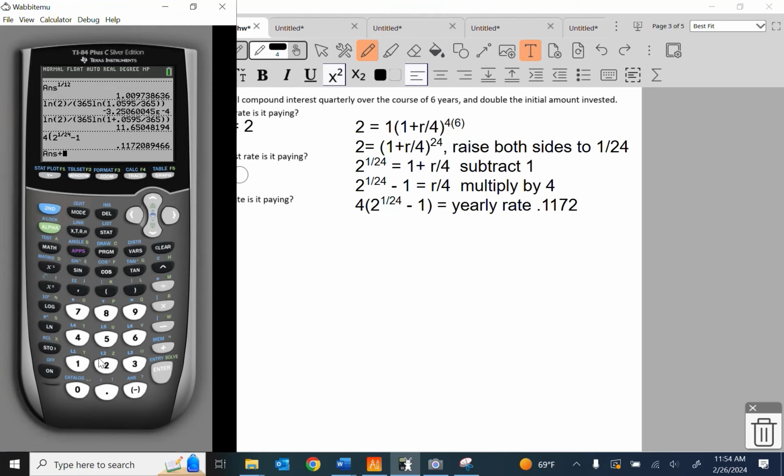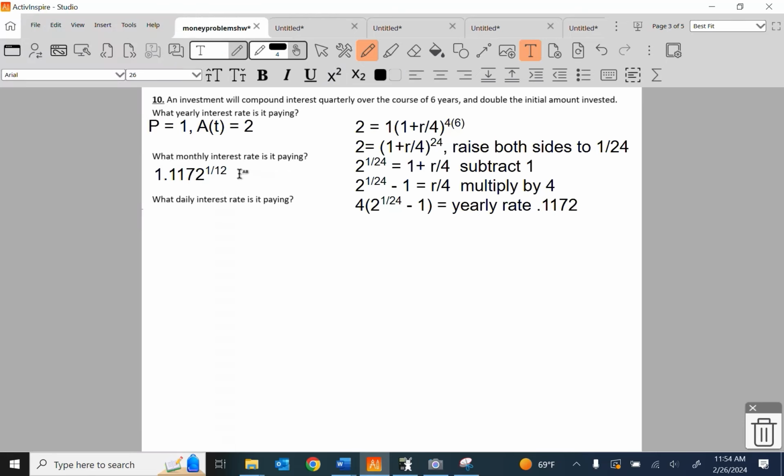So let me add the 1 back, raise it to the 1/12th power. Notice I just kept everything in the calculator. I get about 1.0093. If I take away the 1, I get 0.0093.